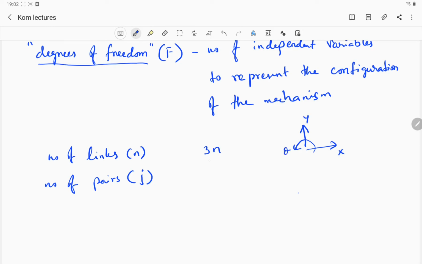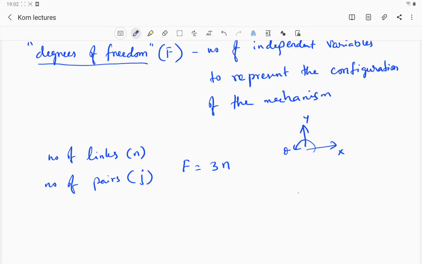Therefore if we have n unconnected links, then we will have 3n degrees of freedom.